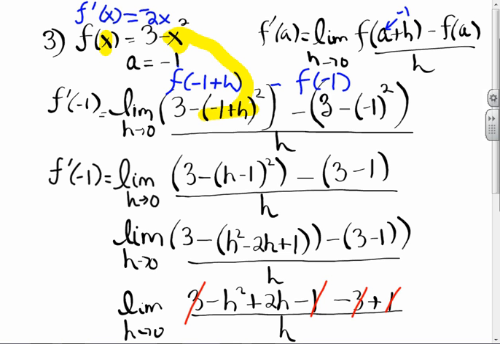Are we ready to go on to number 11? Because it's f of -1. What's f of -1? 3 minus a -1 squared. I just followed the directions.